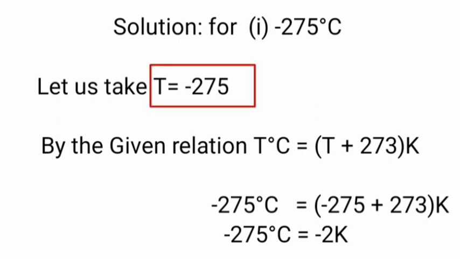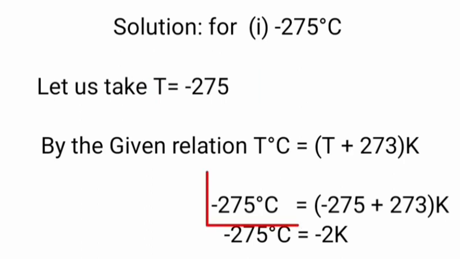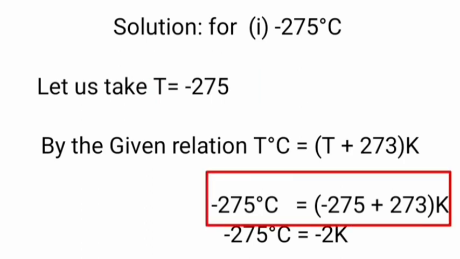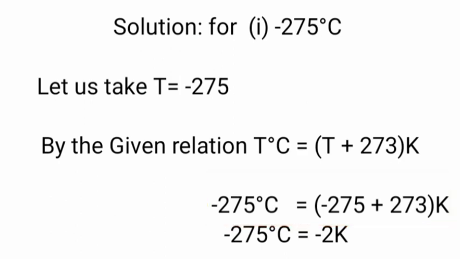Taking T as minus 275 degrees Celsius, we get the relation as minus 275 degrees Celsius is equal to minus 275 plus 273 Kelvin, which is nothing else a simple subtraction. We have to subtract 275 from 273.